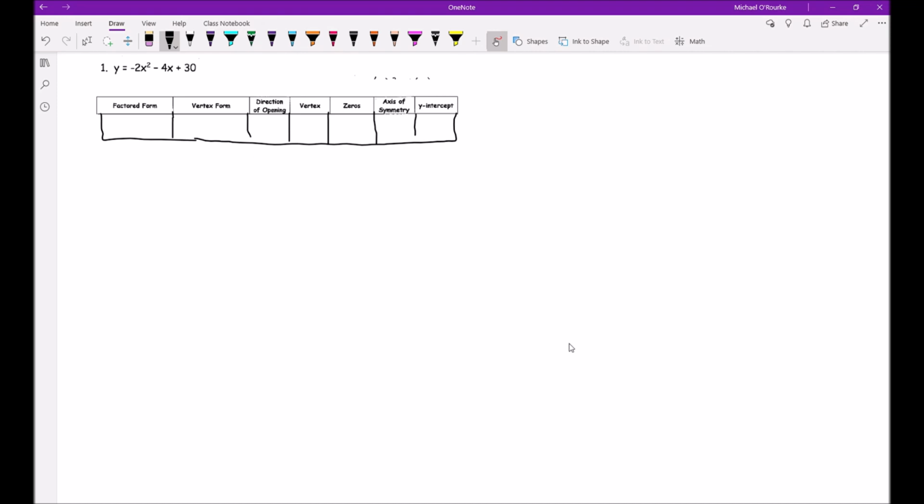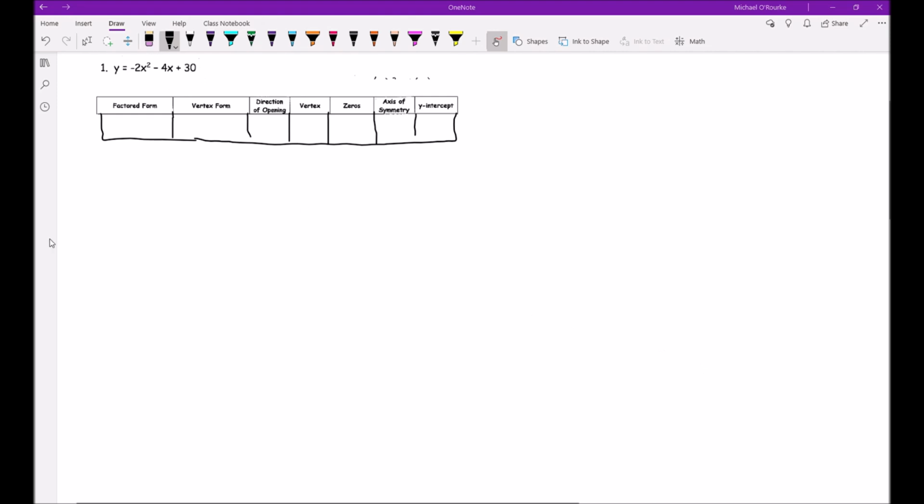Okay. So right now we have standard form. But we want factored form. So what do we have to do for this? We have to factor it if possible. Okay? So I think we can factor this, personally.